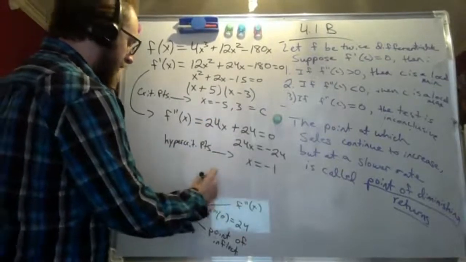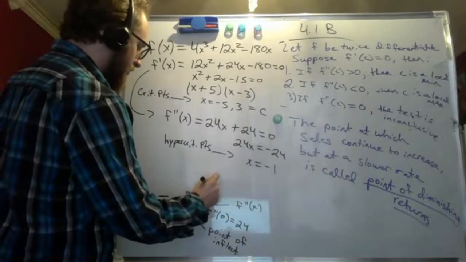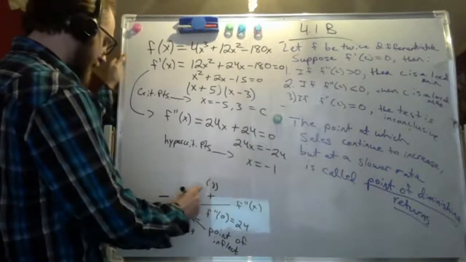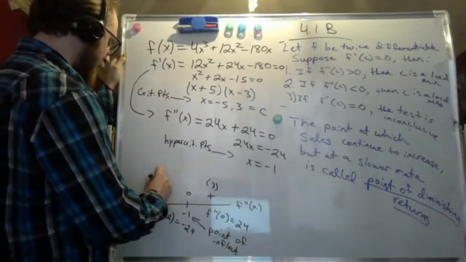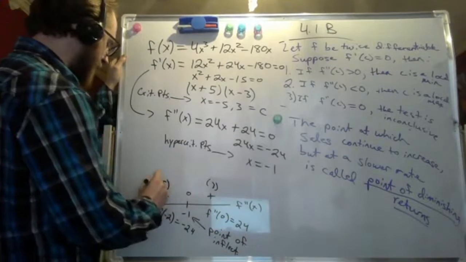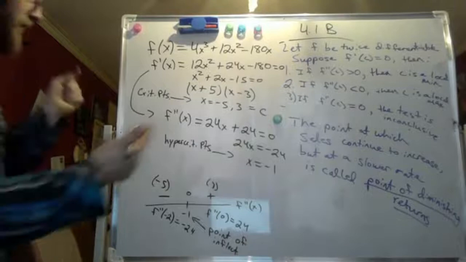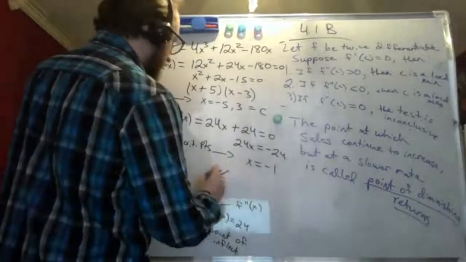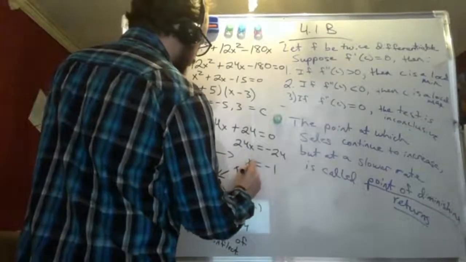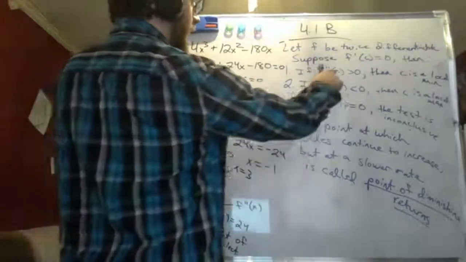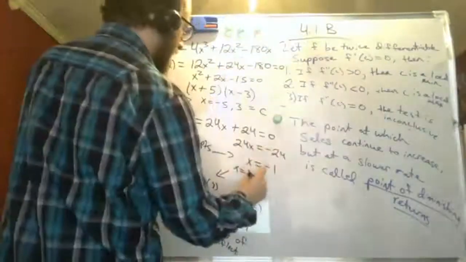That falls in my positive side. So here's 3. And negative 5, that's going to be to the left of negative 1. So that's over here on the left side. It's on the negative side. So what does that tell me? That tells me by the second derivative test, x equals 3 is a local min.